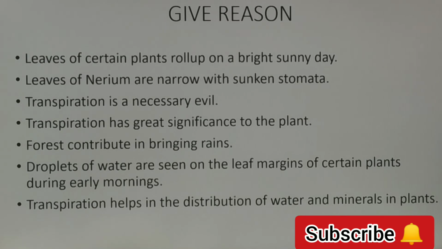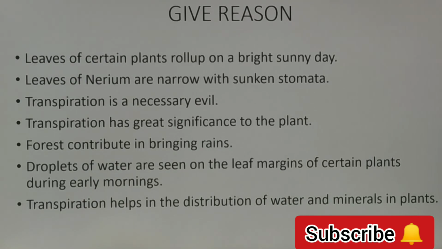Transpiration helps in the distribution of water and minerals in plants. How? Because it is provided by the suction force. As a result of transpiration, a suction force is built up which helps in the ascent of sap, the upward conduction of water and minerals.